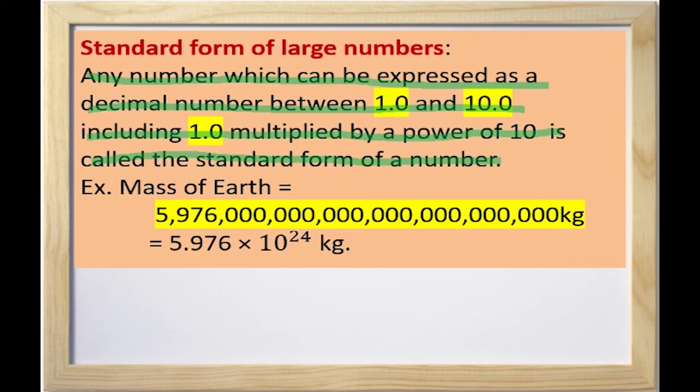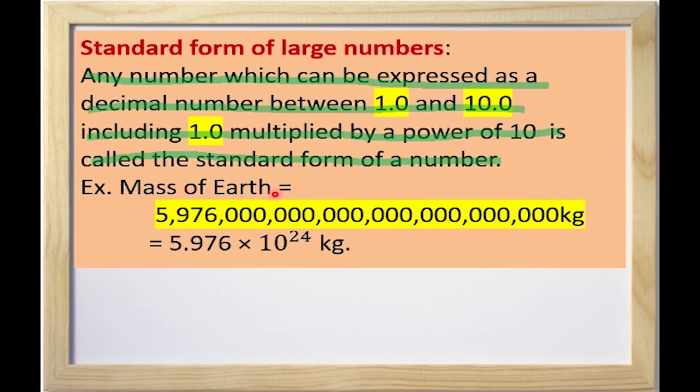Any number which can be expressed as a decimal number between 1.0 and 10.0, including 1.0, multiplied by a power of 10, is called the standard form of a number. Is it clear, children?